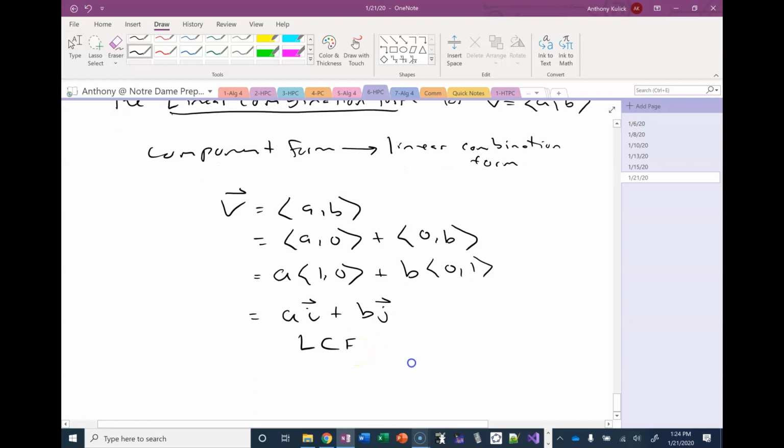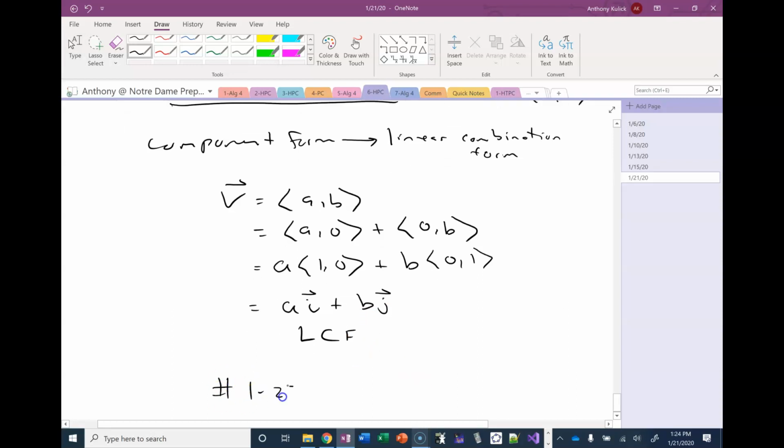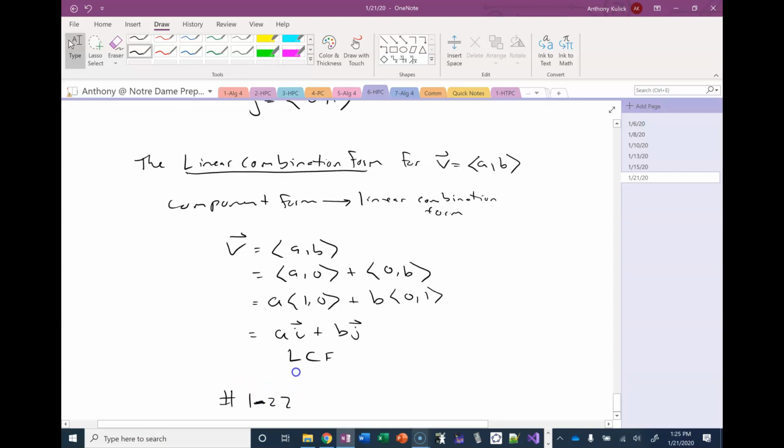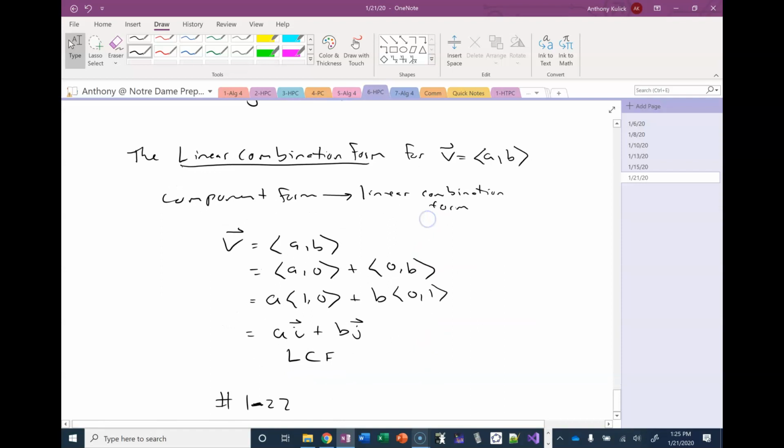And we're going to stop here for today. So we've done enough now for you guys to work on 1 through 22. On these problems, the thing I'd like you to pay special attention to is the notation and the vocabulary.